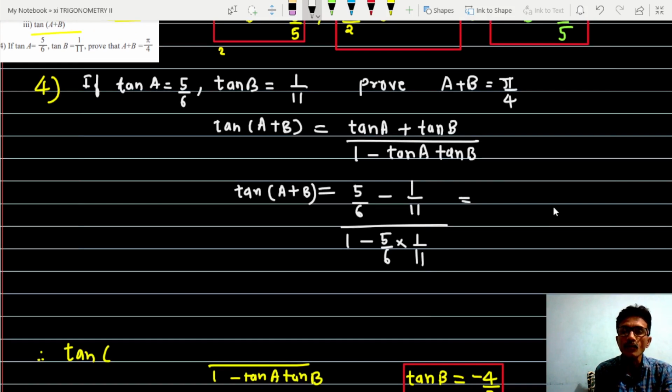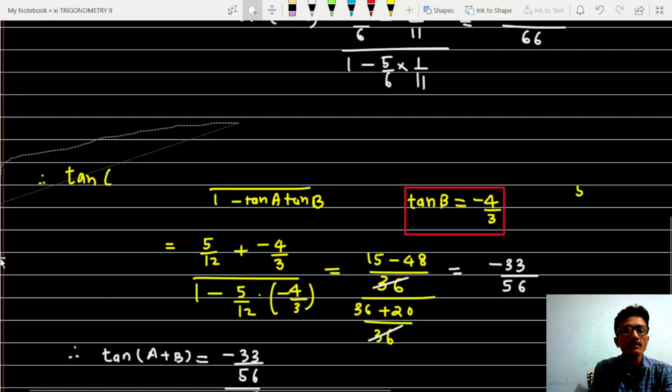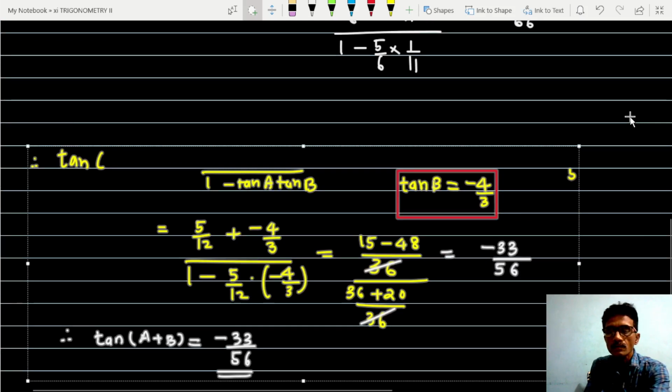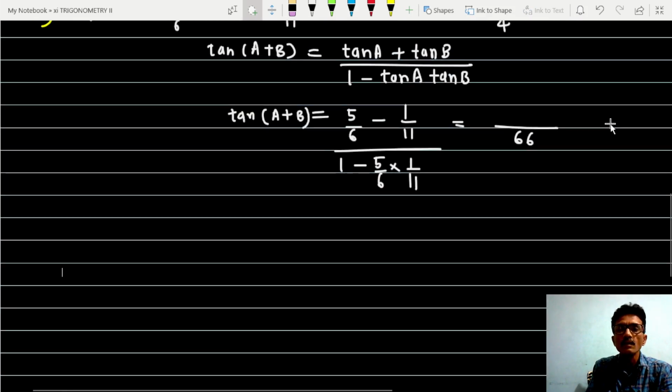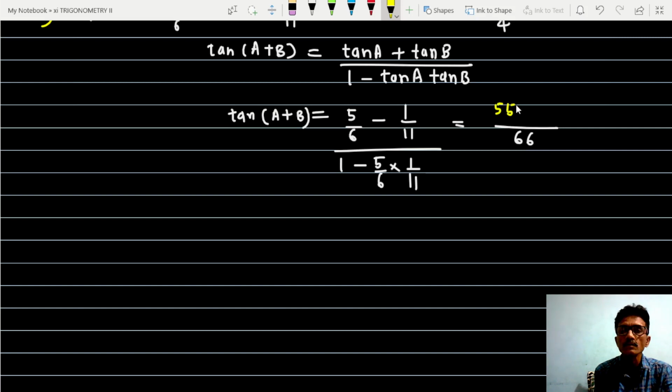Here the LCM of the denominator is 66. Okay, the LCM of the denominator will be 66, and there 55 plus 6.